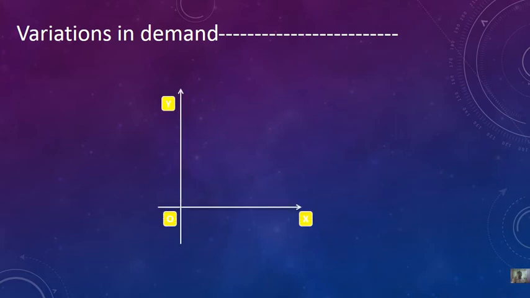Okay, this diagram shows the combined diagram of extension and contraction together, known as variation in demand. This is the y-axis, this is the x-axis.